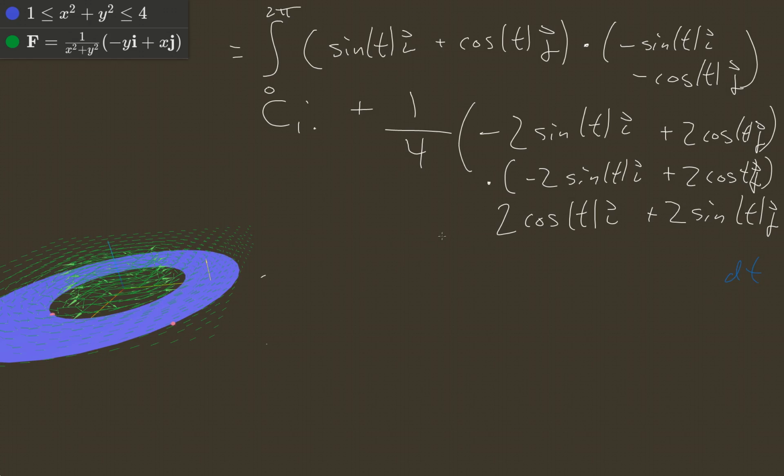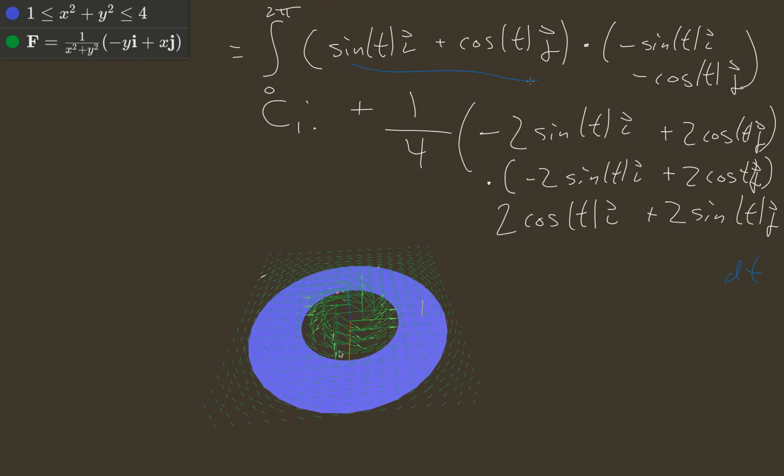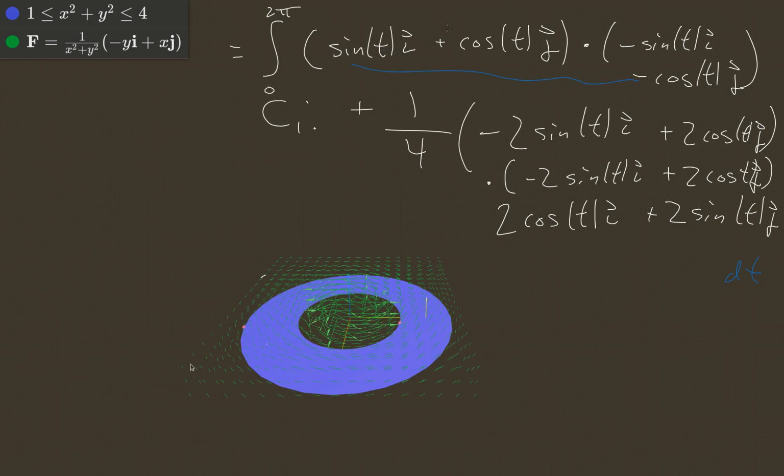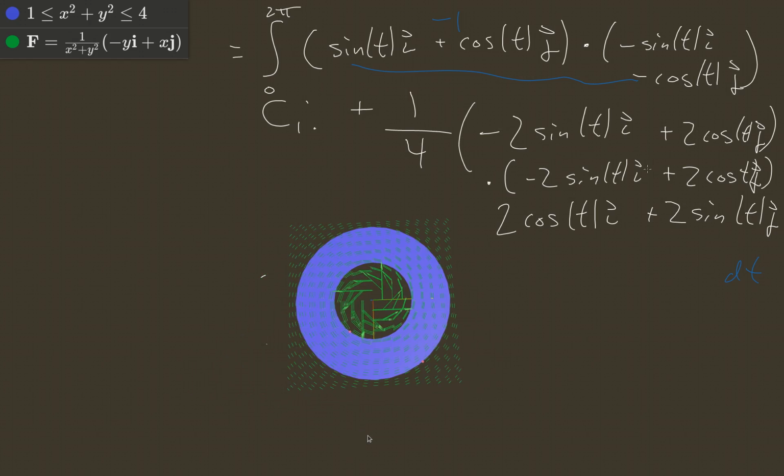So what is this? Let's see what this gives us. Here we'll have negative sin squared and negative cos squared, so this dot product will all give us negative 1. Here we'll have 4 sin squared and 4 cos squared.